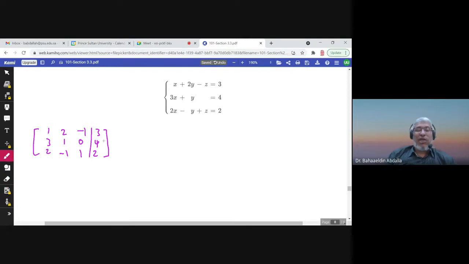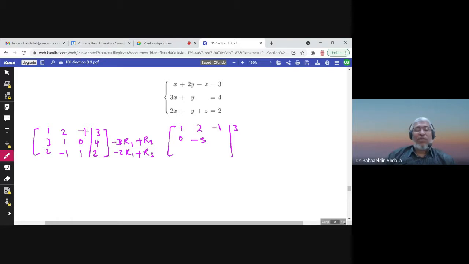So this is a 3. So I multiply row 1 by negative 3 and add it to row 2. This is 2. So I multiply row 1 by negative 2 and add it to row 3. Okay. Row 1 is not changing. Now, negative 3 times 1 plus 3 is 0. Negative 3 times 2, negative 6 plus 1 is negative 5.